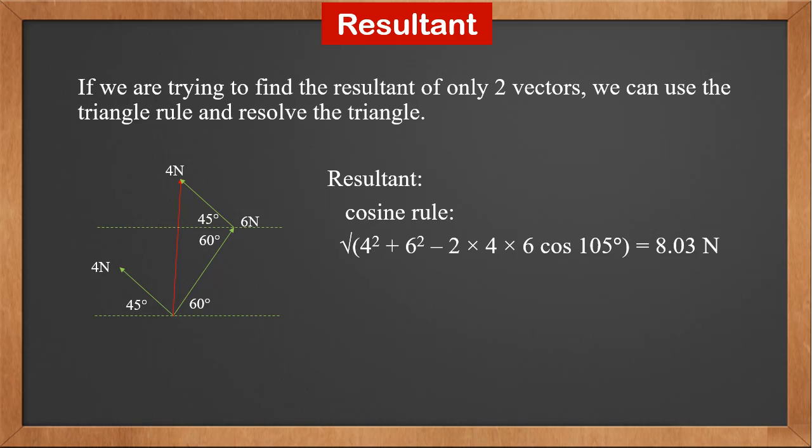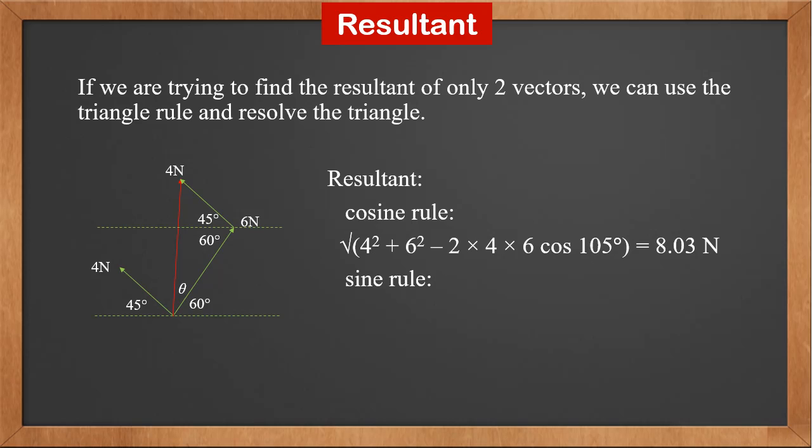Therefore, using the cosine rule, we can find the magnitude of the resultant. It is the root of 4 squared plus 6 squared minus 2 times 4 times 6 times cosine 105 degrees, which is 8.03 Newton. Suppose the bottom angle in the triangle is theta.